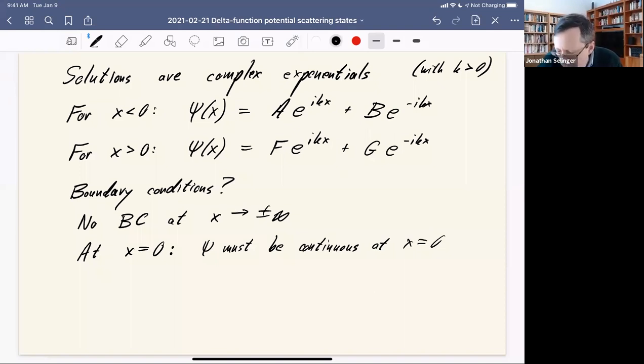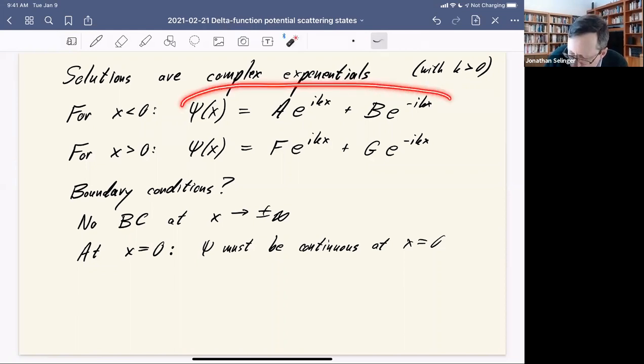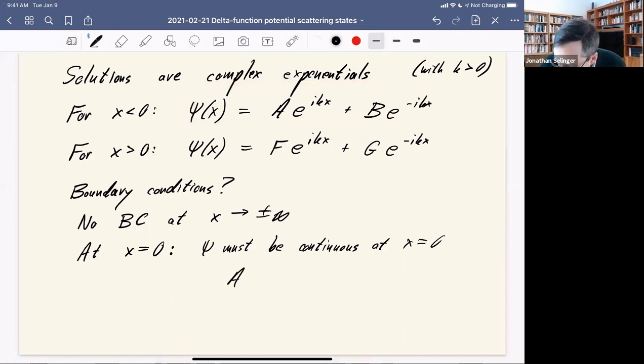On the negative side, x slightly negative, we use the equation up here, plug in x equals 0, and get a plus b.